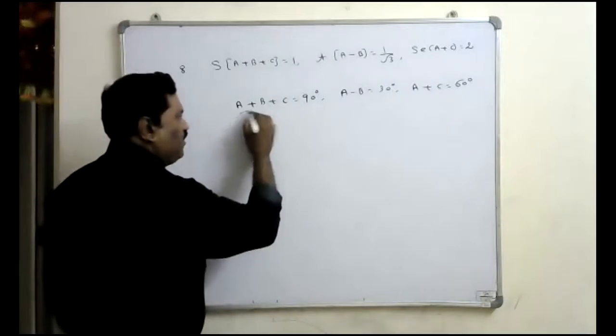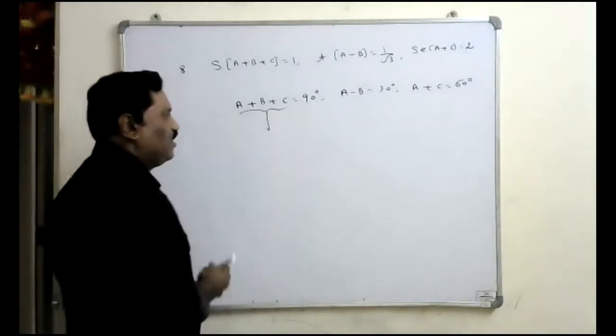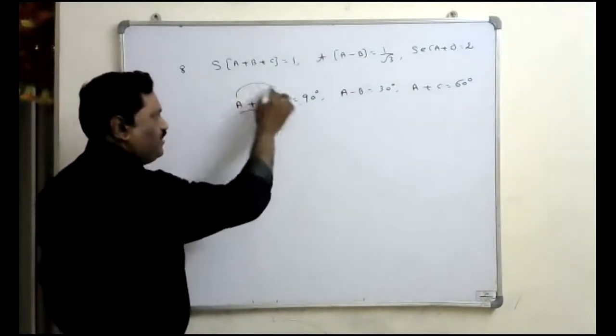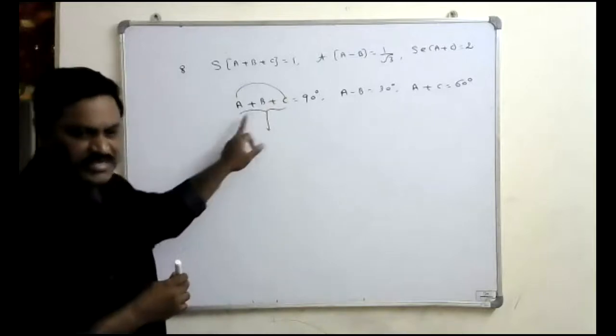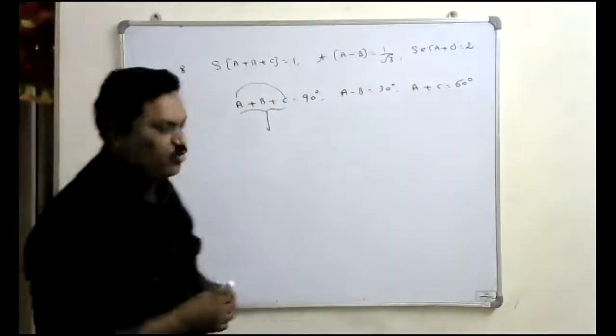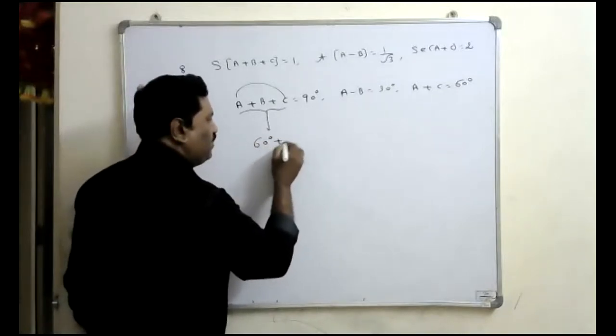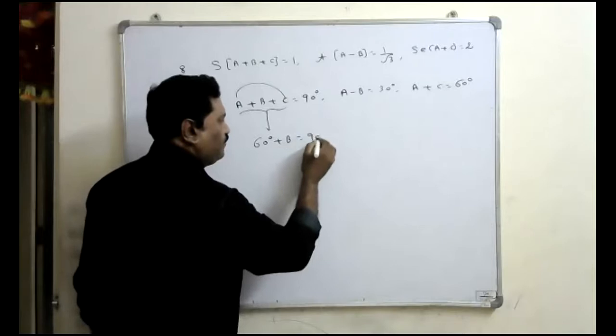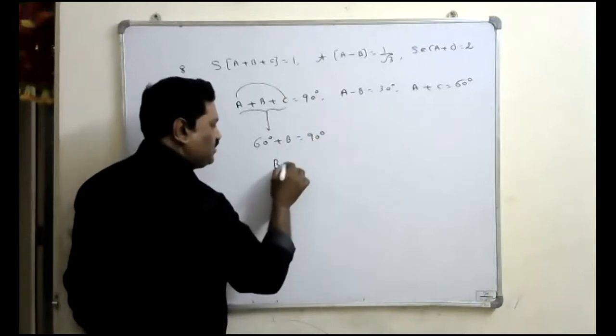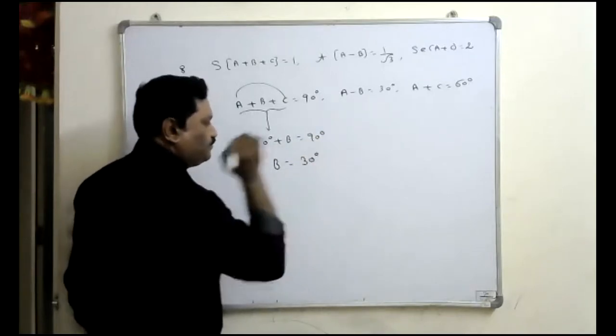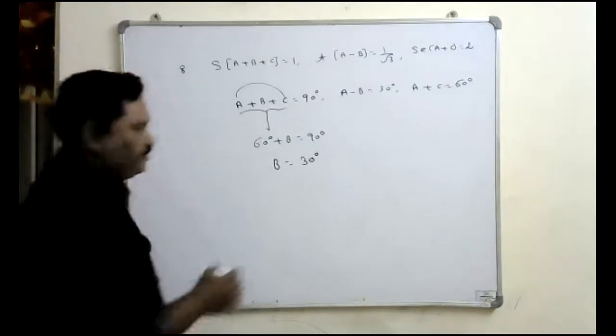Now, here a plus c is there. The value of a plus c is 60 degrees, that we know. So in place of a plus c, substitute 60: 60 plus b is equal to 90 degrees. Therefore, the angle b is 30 degrees.